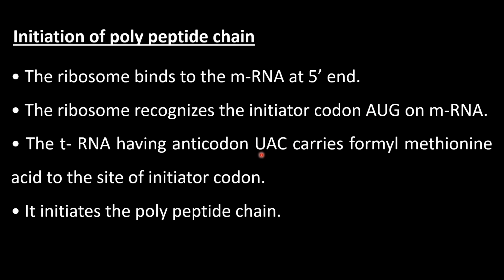So A with U. Here U is there. You will get here A and G, C. So the anticodon is UAC and it carries formyl methionine, the activated amino acid, to the site of the initiator codon, and it starts the polypeptide chain, initiation of polypeptide chain.